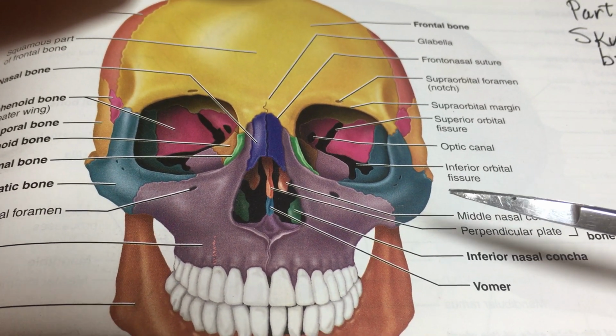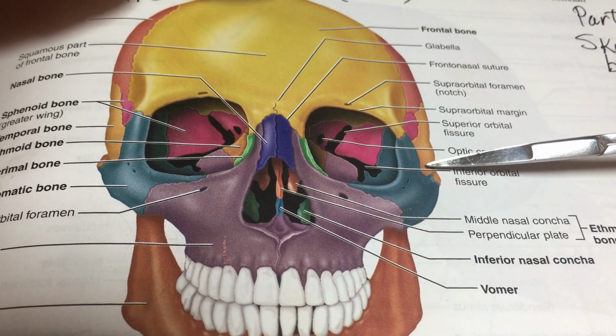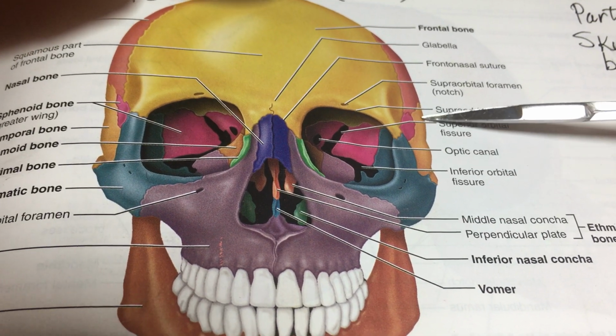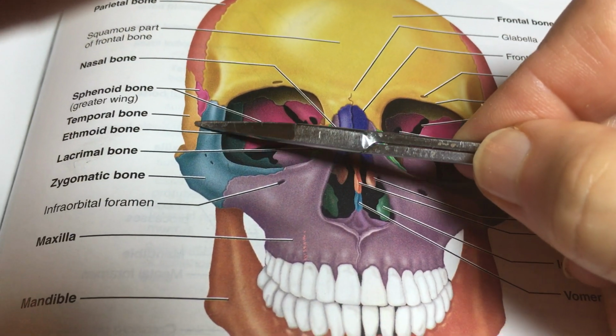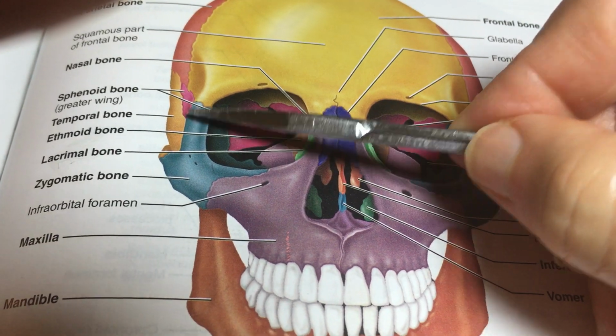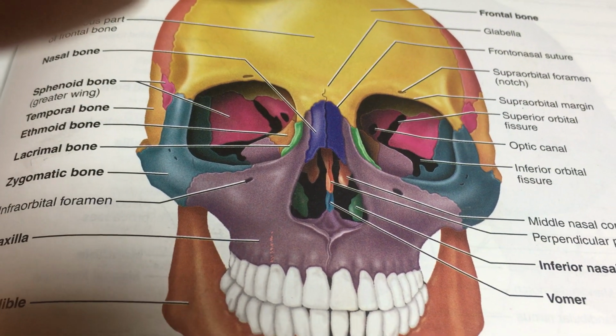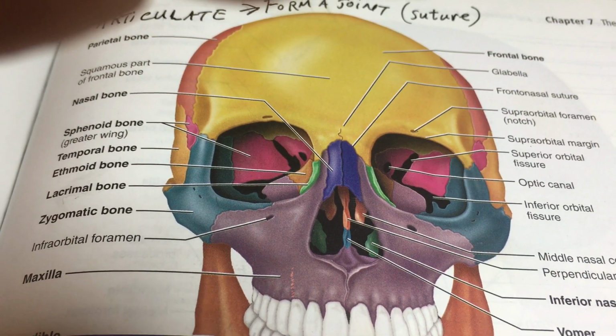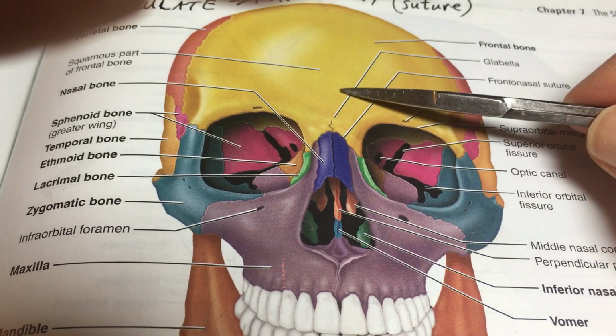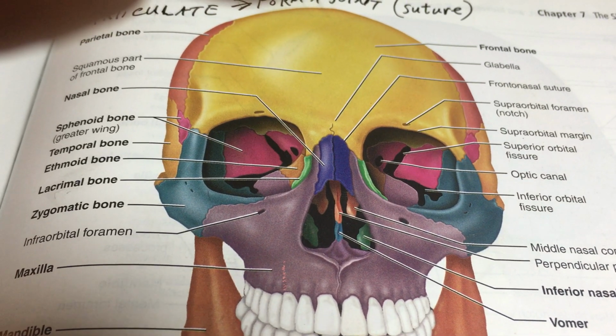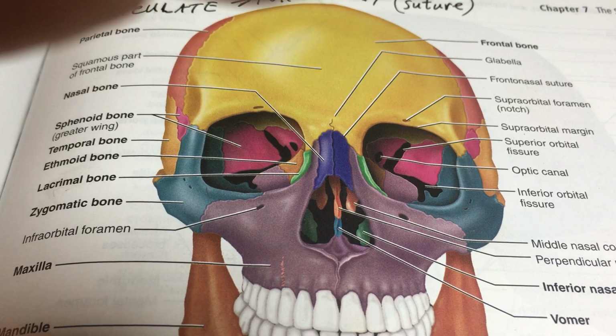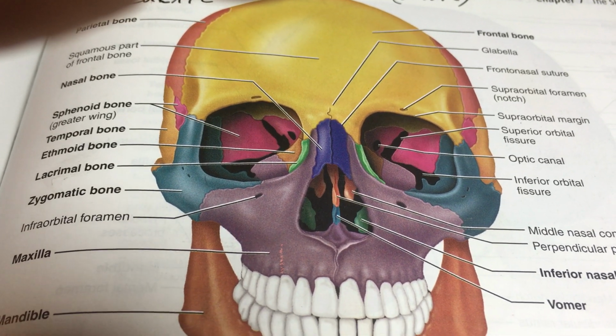Another detail here that's hard to make out from this view, but you suspect that it's true, is this bone over here and over here, which is the temporal bone. Actually, that's a paired bone, and it too is far away from the midline. It does not cross the midline. It's a paired bone, thus not touched by a mid-sagittal plane.